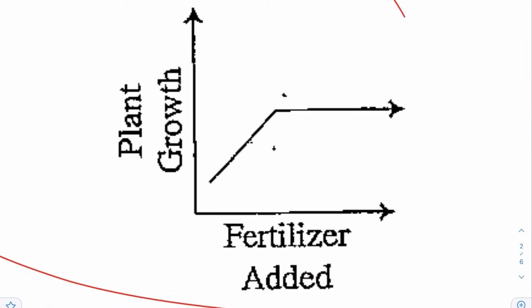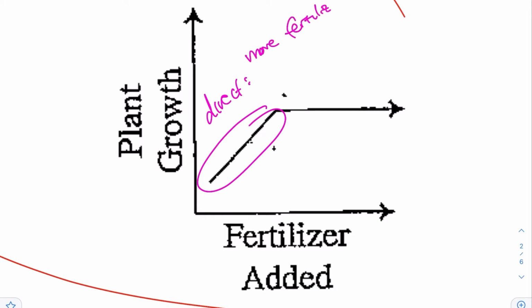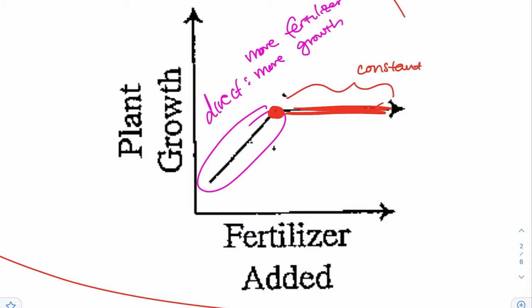So here in the beginning, if you kind of annotate this graph, this is a direct relationship. So more fertilizer means more growth. But up to that certain point, there's a turning point here, you kind of flatten out. And this is that constant relationship where y is equal to some constant k.